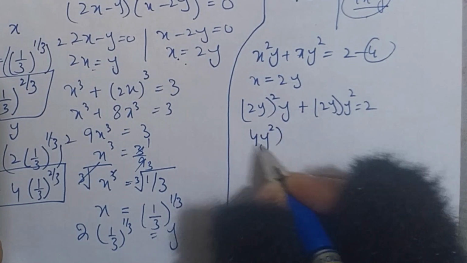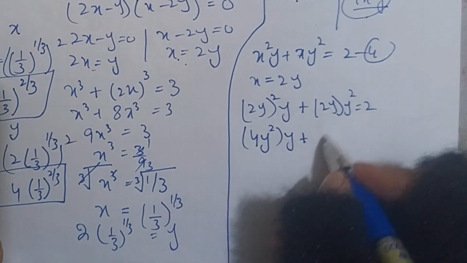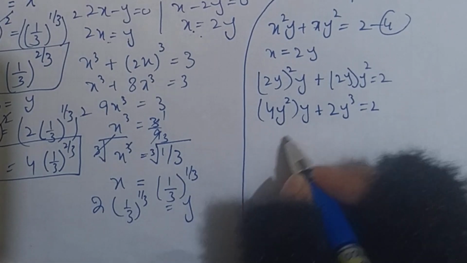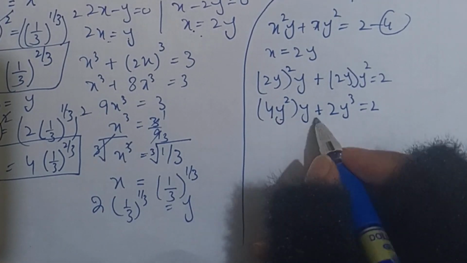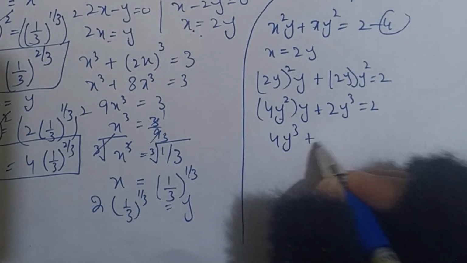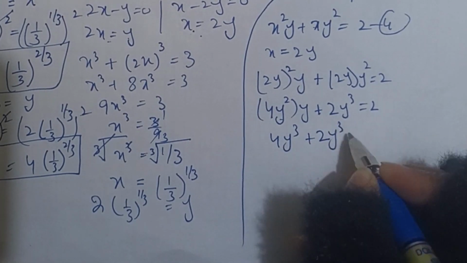squared times y plus 2 times y cubed is equal to 2. If we multiply this by y, then we get 4 times y cubed plus 2 times y cubed is equal to 2.